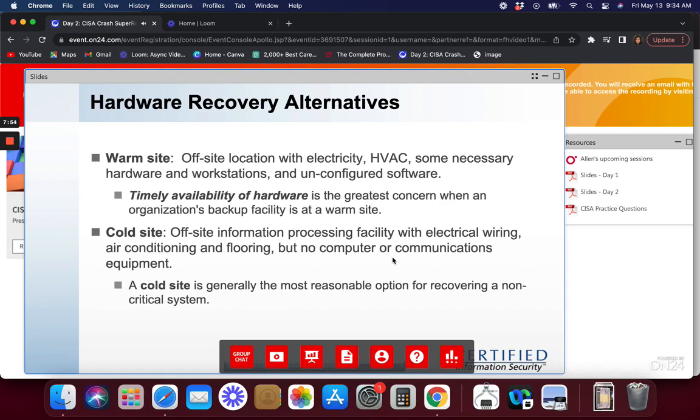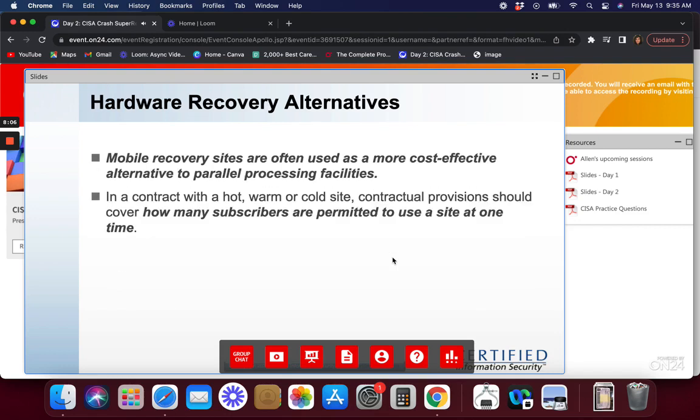That's an off-site location that does have electricity, heating, ventilation, air conditioning, and has some hardware, but you may not have the software configured on it yet. As opposed to hot sites, where it's fully ready to go in parallel processing. The most expensive, but also the quickest recovery time. Depends on what your process needs.